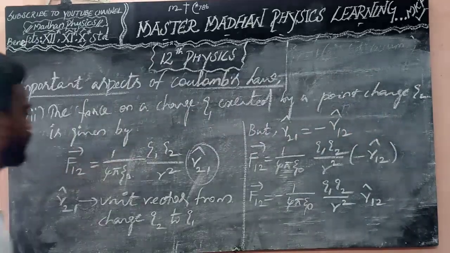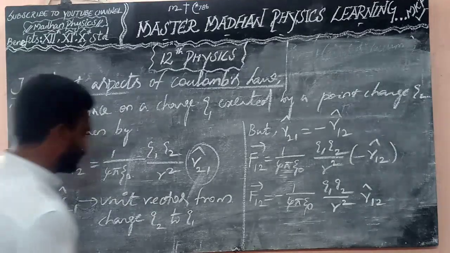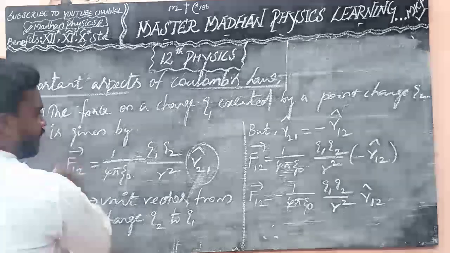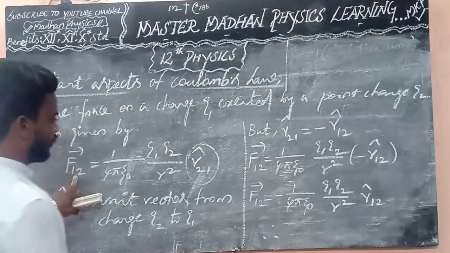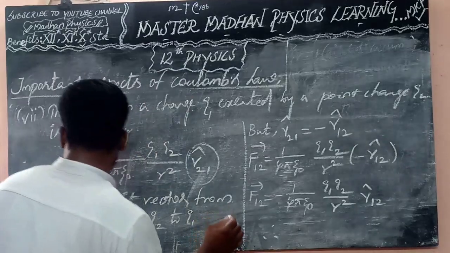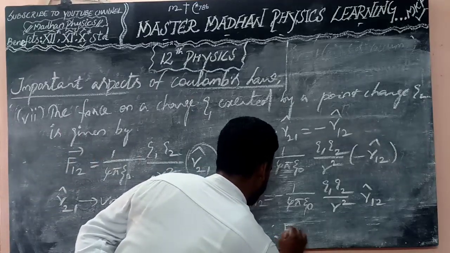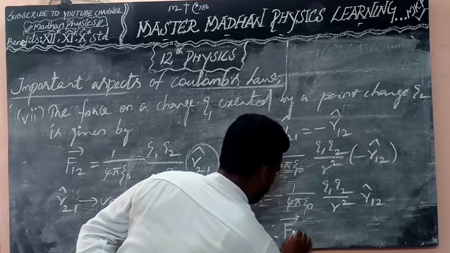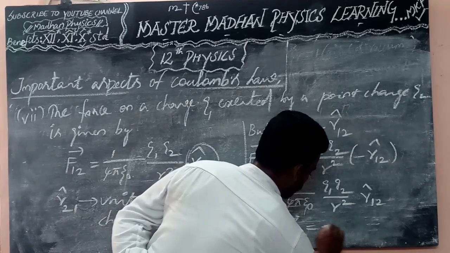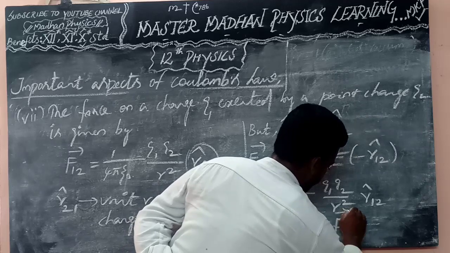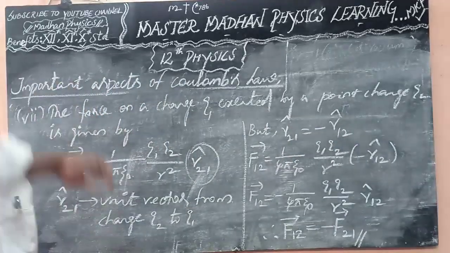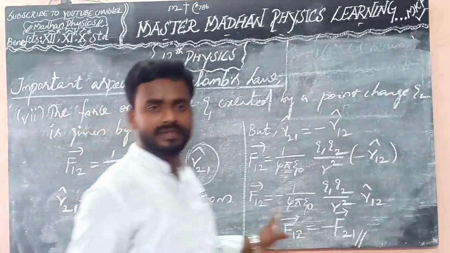That is very important, you have to multiply by the minus. From this equation we find that the force is in the opposite direction: F vector 1 2 is equal to minus of F vector 2 1. Okay, so this is the thing.